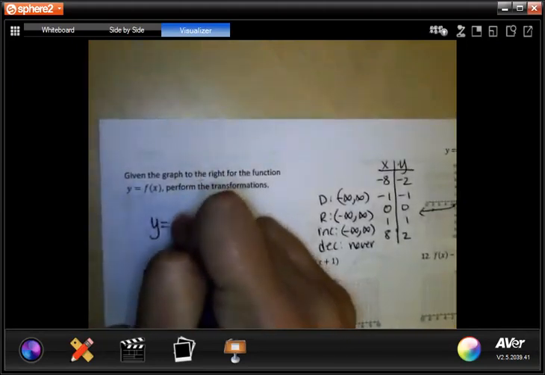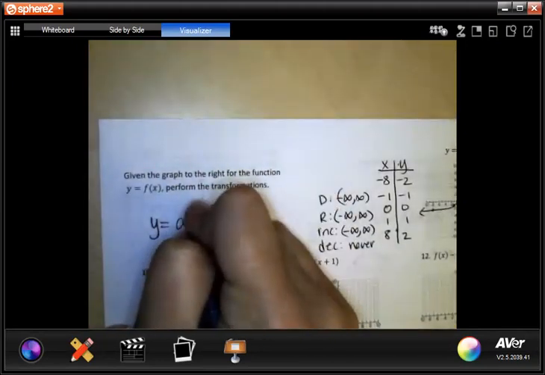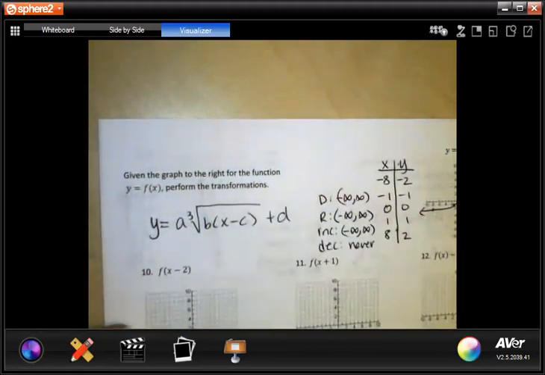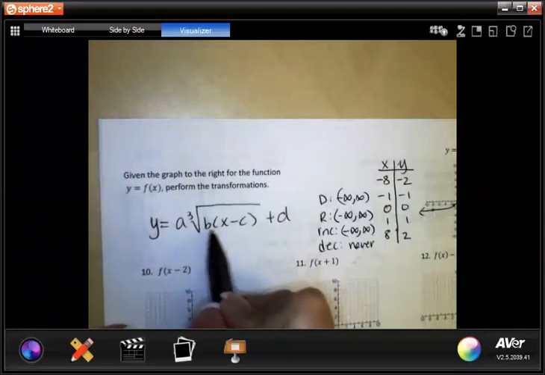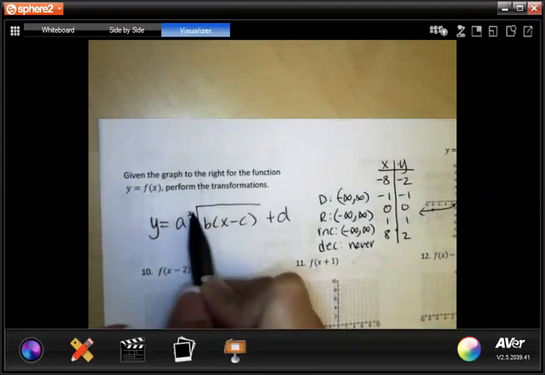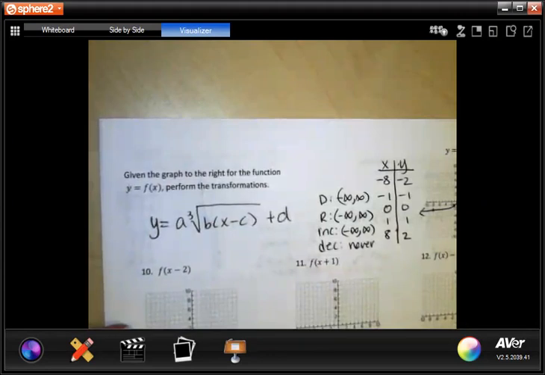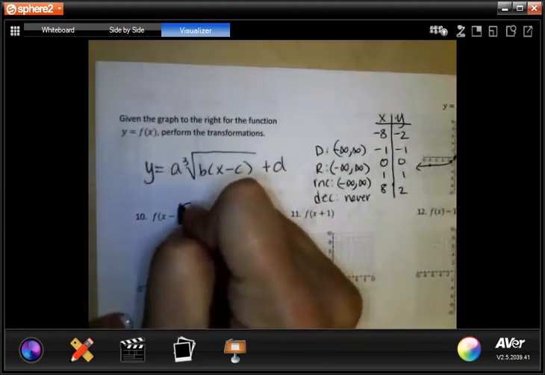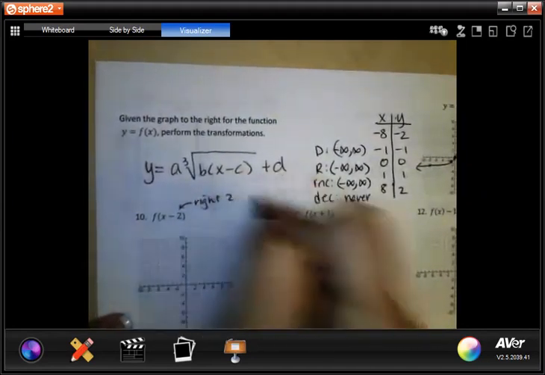For its transformational form, again, these are always going to be the same. The only thing that changes is the operation. So instead of having this inside the cube, we now have it inside the cube root. But your A, your B, your C, and your D do exactly the same thing. So for this first one, it goes to the right 2.